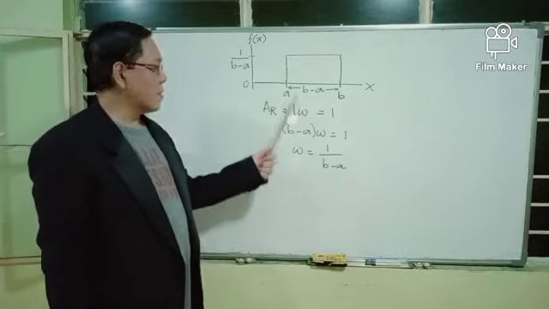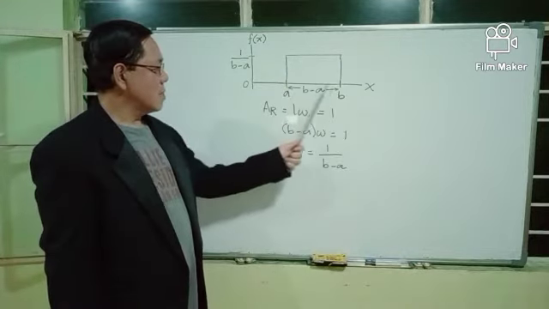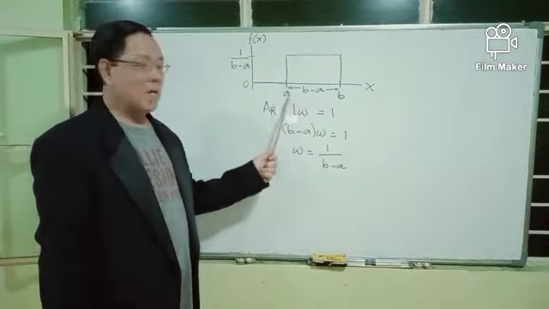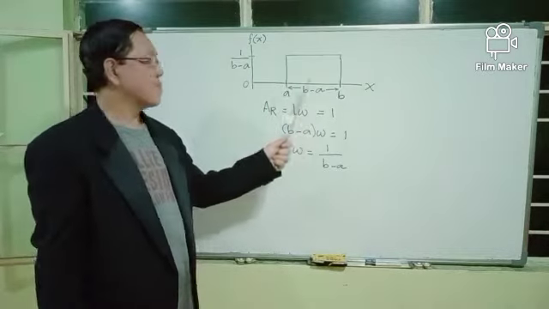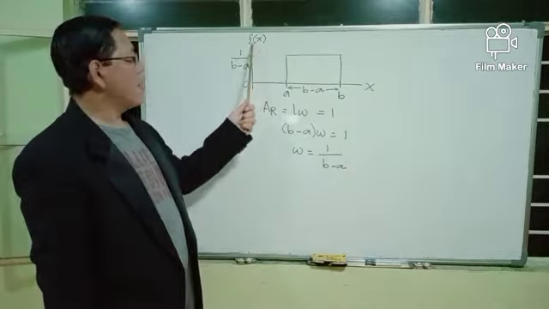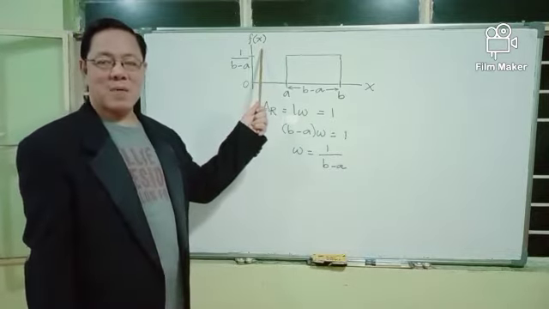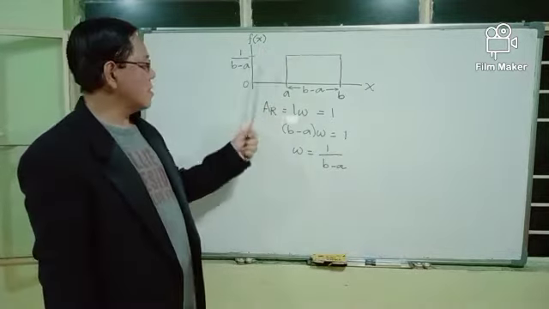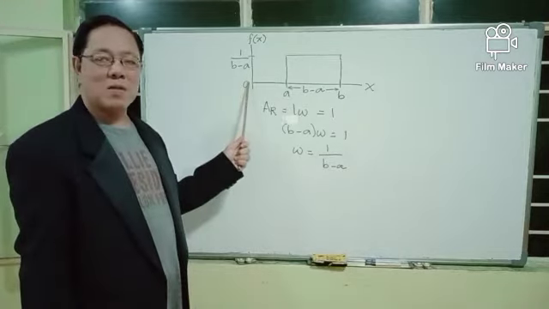This means that for any value of x between a and b on this line interval, the height, the corresponding value of f of x which represents the relative frequency, is equal to 1 over b minus a.